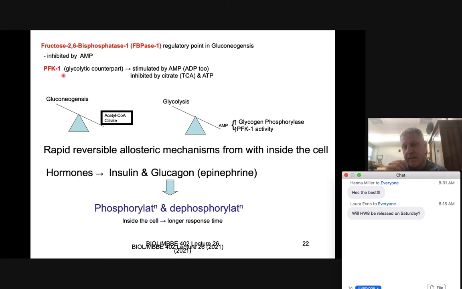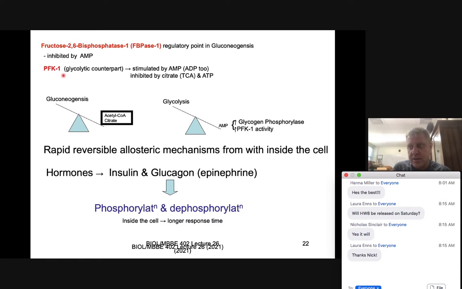But we also have a counterpart also to this mechanism. It's getting a little more complex. We're having multiple allosteric modulators, both for the positive and the negative effect, because the phosphofructokinase number 1 is also stimulated by a distant pathway within the TCA cycle, and that is by a compound called citrate, and we'll have a look at that next week.